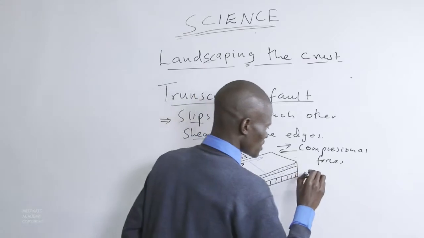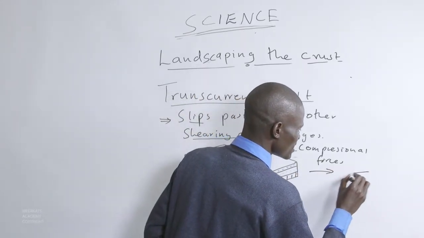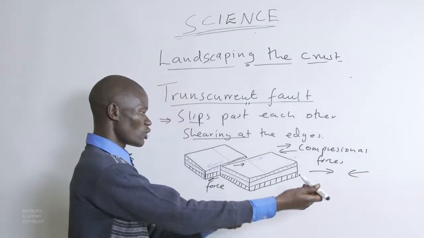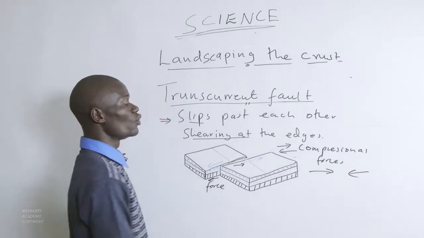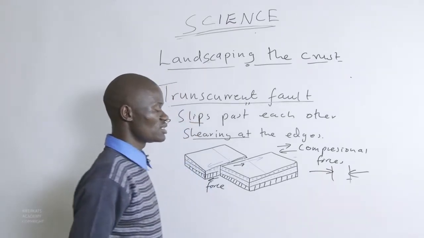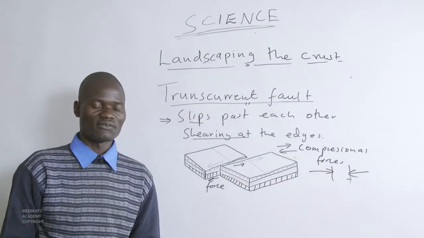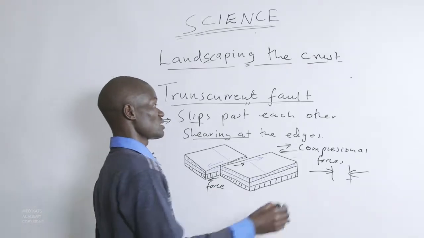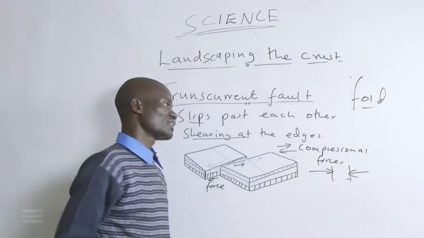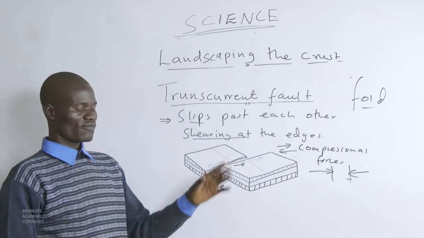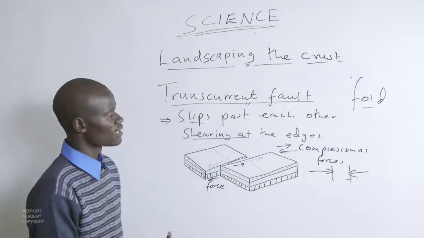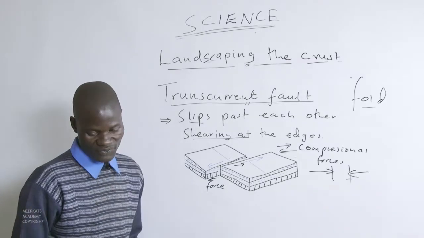Compressional force is the force that works against each other, making the two blocks slide past each other. When they don't slide past each other, when they have an equal magnitude, they will produce a different feature that we refer to as a fold. We'll be able to look at it in the next lesson when we learn about folding. Therefore, this one will produce what we call a transcurrent fault.